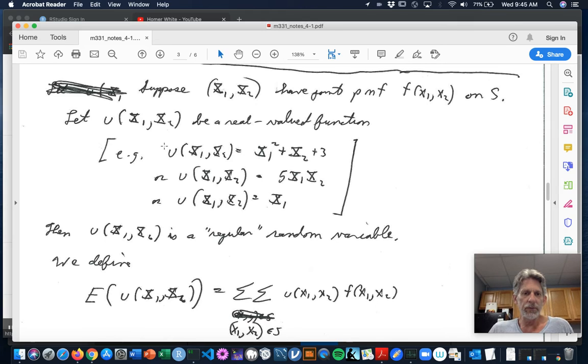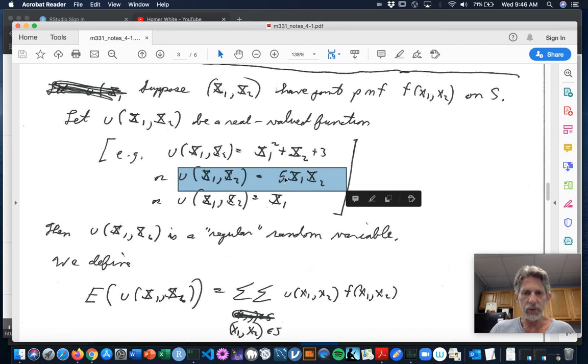So, for example, if your function is square the first one, add on the second one, then add the number 3, then your u of x1, x2 would be x1 squared plus x2 plus 3. Or if your function was multiply the x1 and x2 together and then multiply by 5, then this would be u of x1, x2.